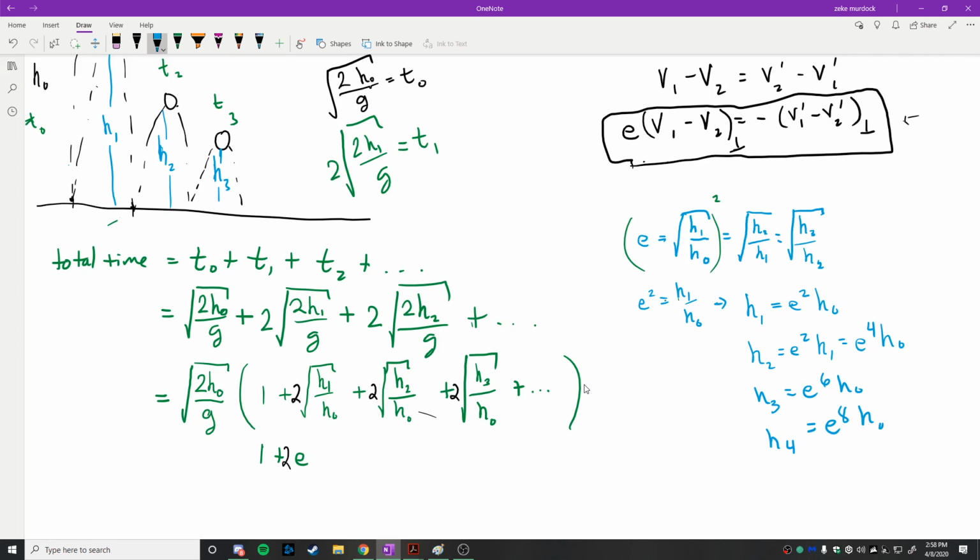But you're taking the square root, so you're going to get something like this, plus 2e squared plus 2e cubed plus 2e to the 4th.